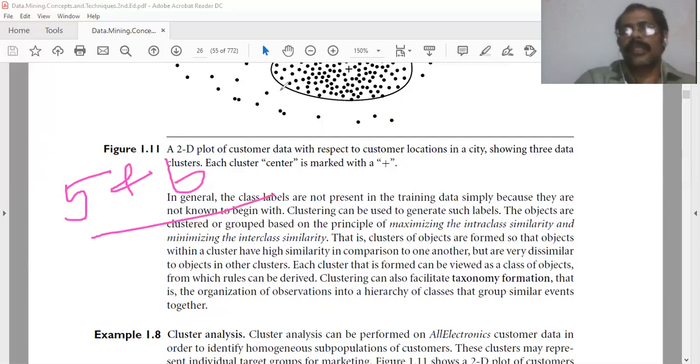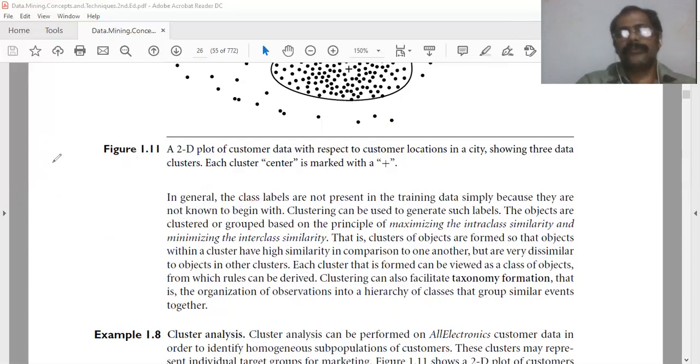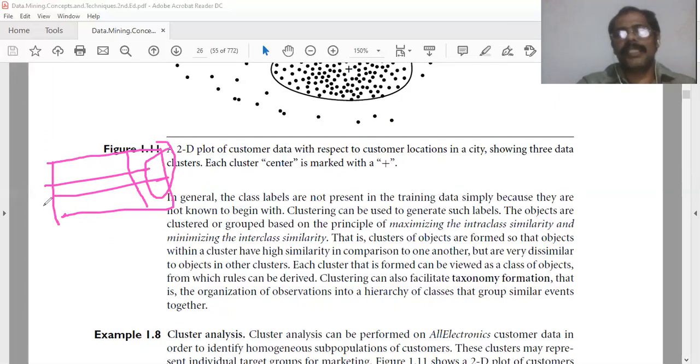So, to perform clustering, the given training set doesn't have a class label. Without knowing the class label, organize the objects in the given data set into groups known as clusters.